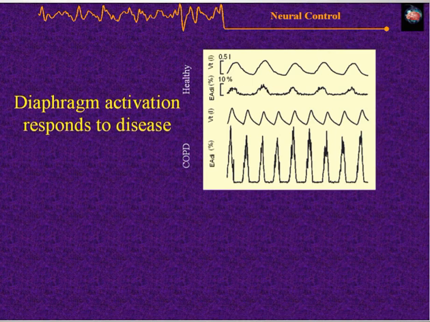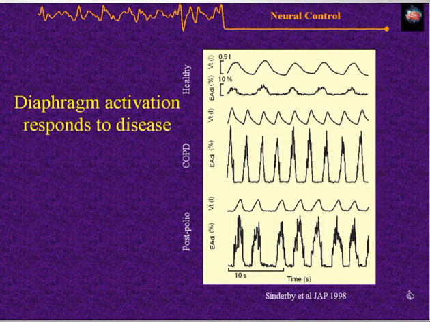Now, how does the diaphragm activation respond to disease? We all know that as patients' respiratory muscles become weaker, the pneumatic signals that we're going to measure at the airway also become weaker. This is data obtained in a healthy subject breathing at rest, not on a ventilator, and breathing with a tidal volume of approximately 500 ml. He's using approximately 6 or 7% of his maximum diaphragm electrical activation to achieve this tidal volume.